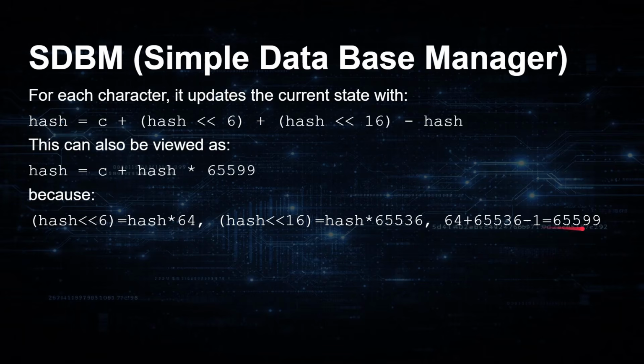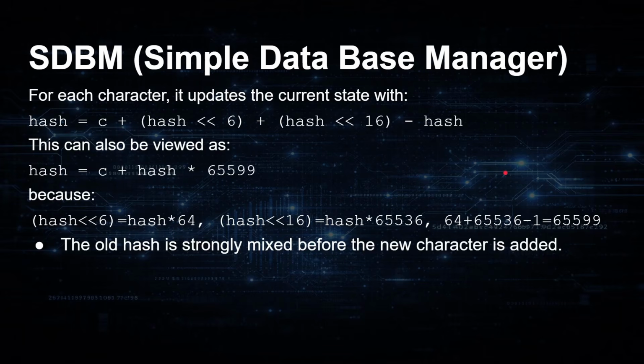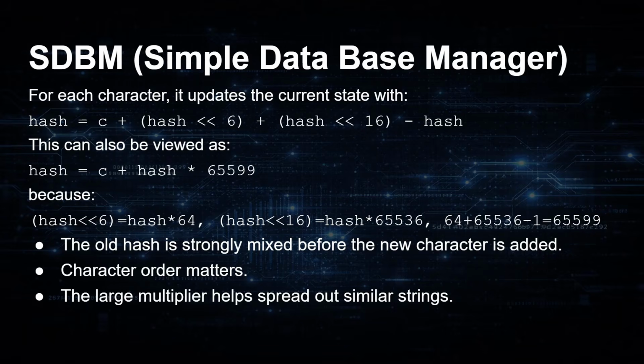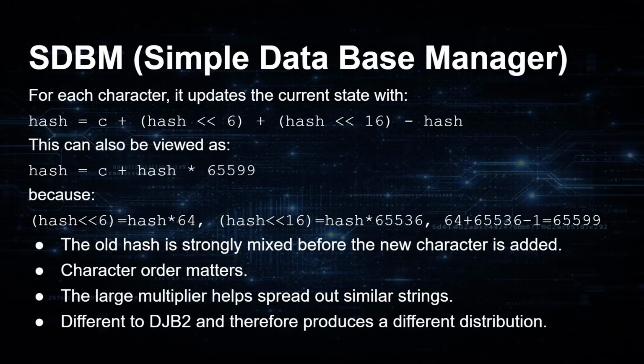You add those together and subtract 1, you get 65599. Now the old hash is strongly mixed before the new character is added. Again, character order matters. The large multiplier helps spread out similar strings. It's different to DJB2, and therefore it produces a different distribution.